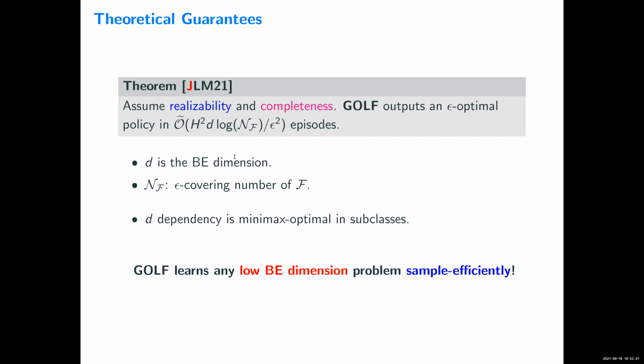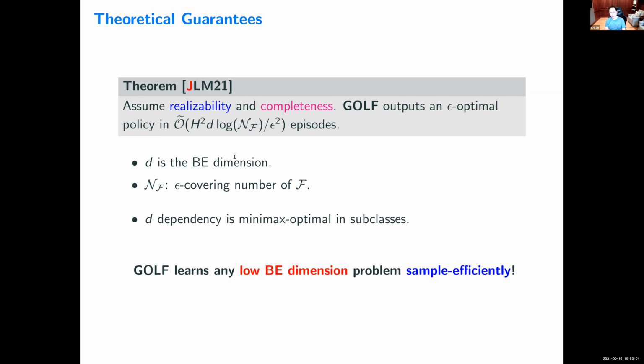Gee, I have a quick question. As you said, the result relies on realizability, and you had a different algorithm to take care of completeness. Right. Given a function class and a problem, is there a way to computationally check that it's realizable, that the problem lies in the class or not, or is there no way to do it?